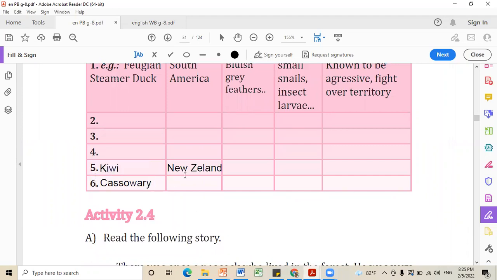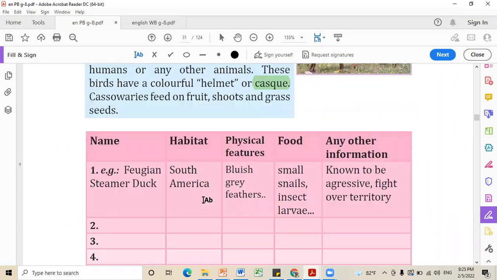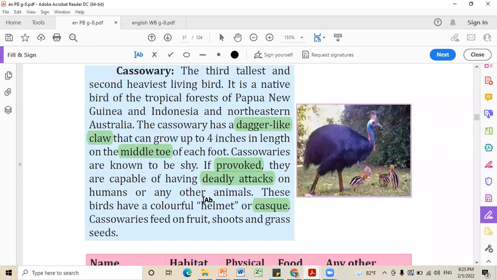Okay, so cassowary. Can you find where the habitat of these birds are? Maybe Janit, would you like to try? Habitat of these birds, the cassowaries. Papua New Guinea and Indonesia and northeastern Australia.